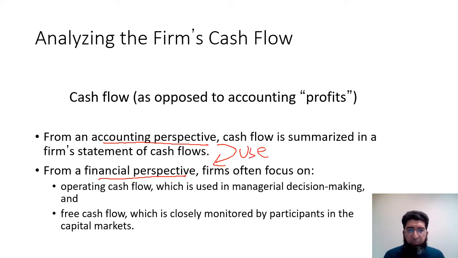Now, how it can be used. A part of statement of cash flow, which is called operating cash flows, is used for managerial decision making, and an analytical outcome of firm's statement of cash flow yields free cash flows, and this free cash flow is closely monitored by participants in the capital markets for various reasons, and we will see that free cash flow is used a lot.